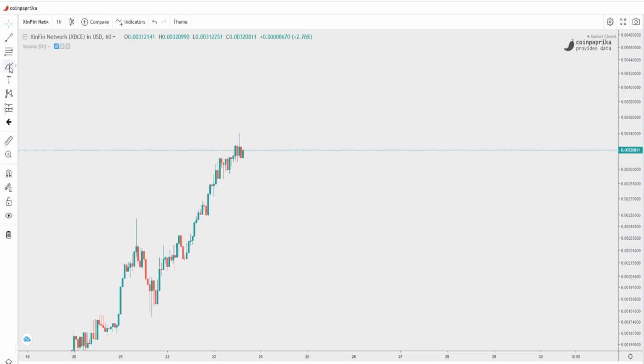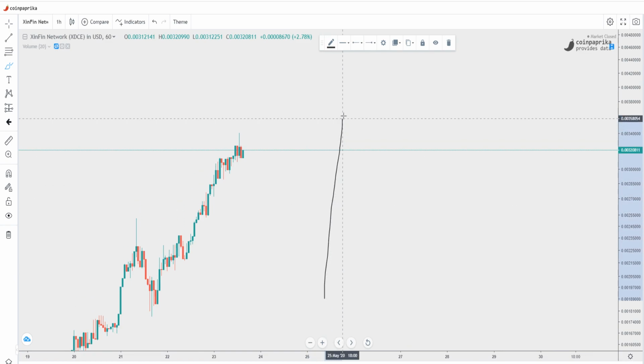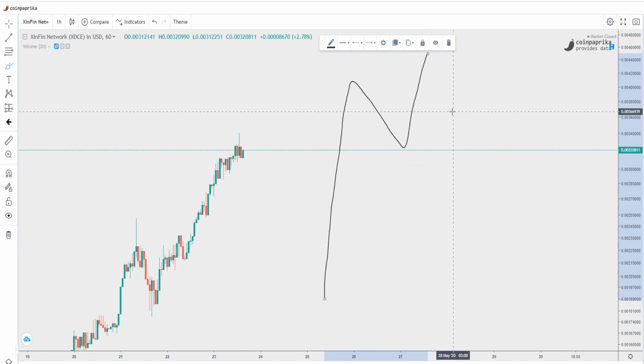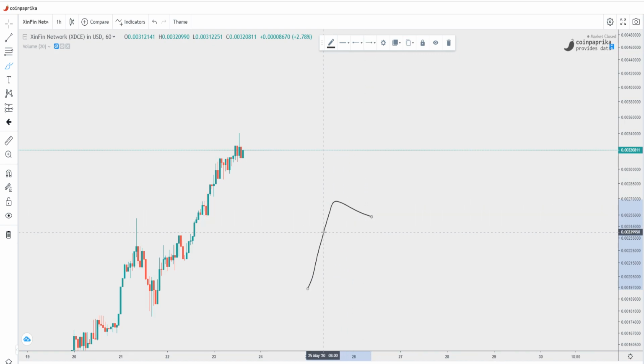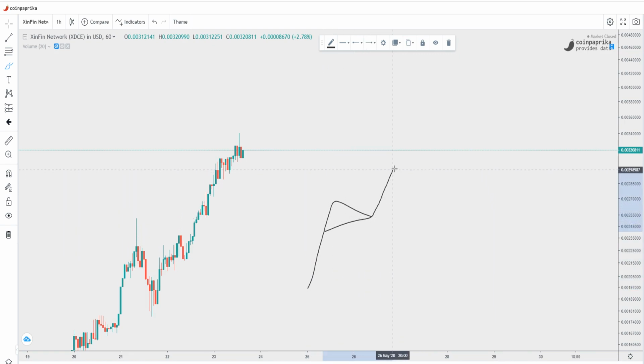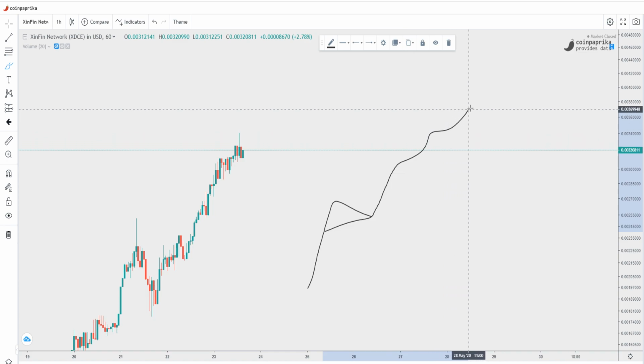For example, if we have a parabolic move like this, and then we let the bears do their correction before going up, it's amazing, it's fantastic. But every time we end up in scenarios like this, it's bad in my opinion, okay?